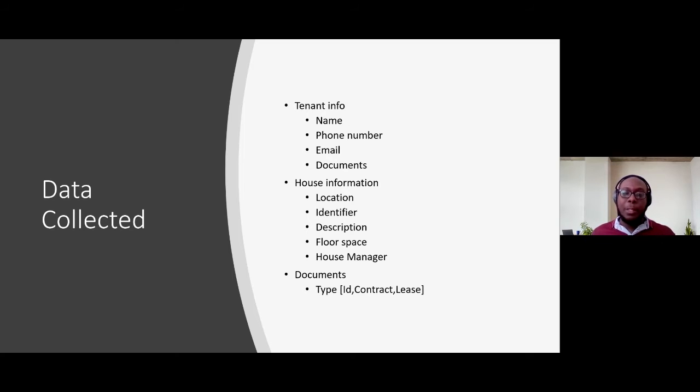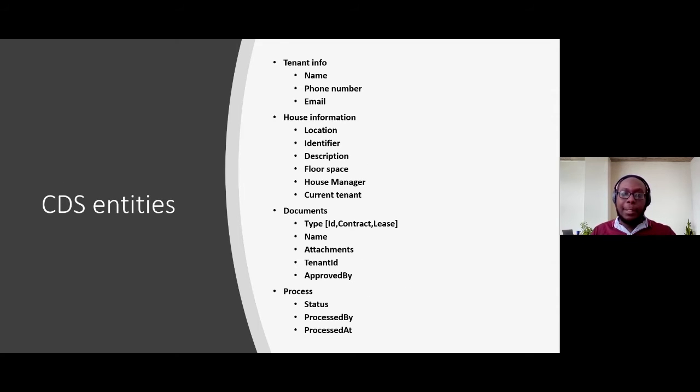If we blow this out and we want to design the entities, this is how we would probably go about it. We'd have tenant information, which would contain the name, phone number, and the email address. For the house information, we have the location, the identifier of the house, let's say B11, A11, Dovo 1, that identifies the specific house that the person wants to go to.